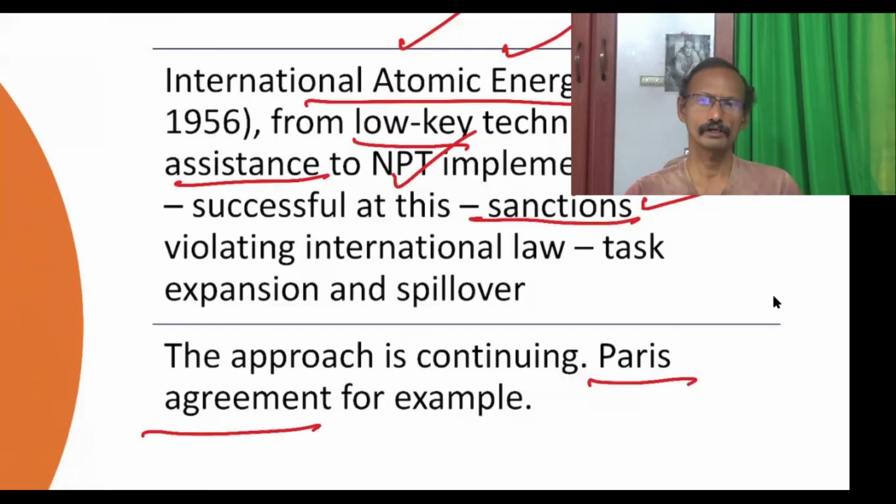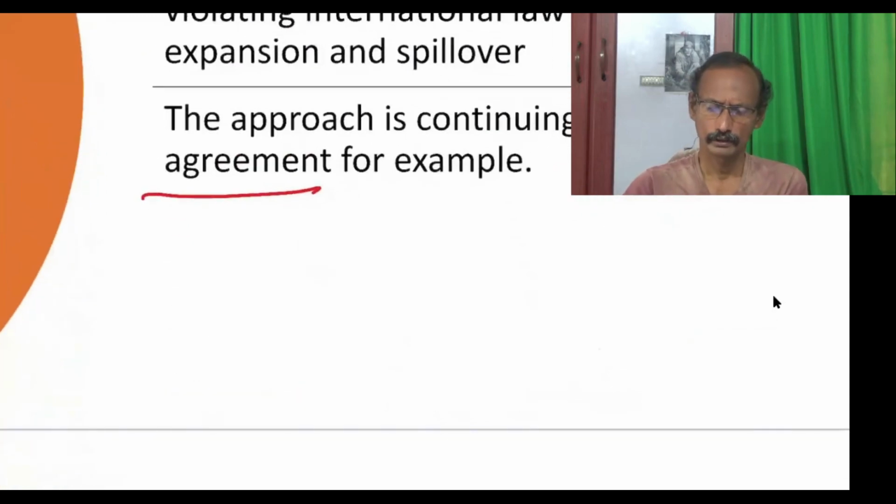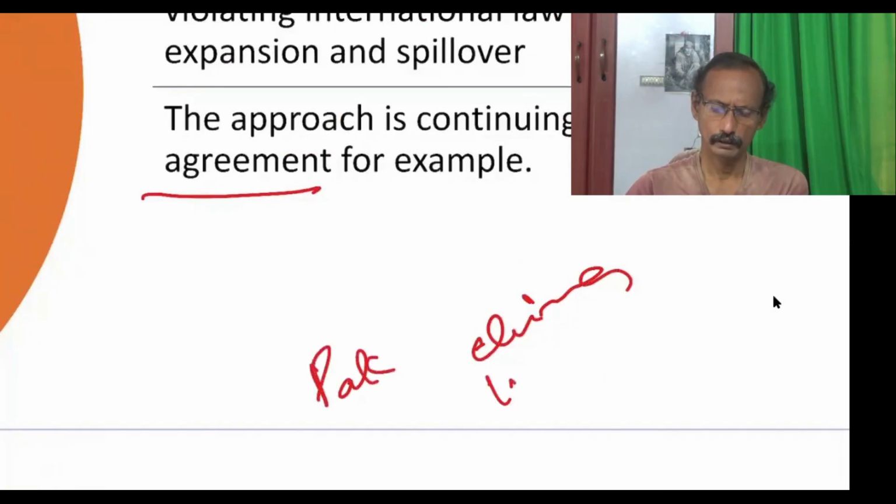IGOs are one very important way of creating peace. But does it mean that we can create IGOs anywhere and then get the peace? It is not possible. For example, can we create IGOs among China, Pakistan, and India and develop common structures?